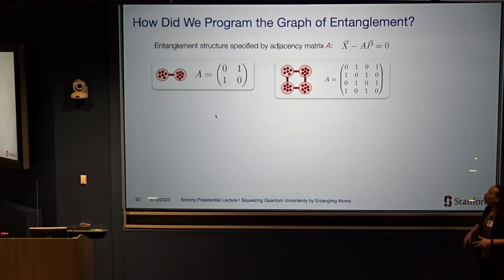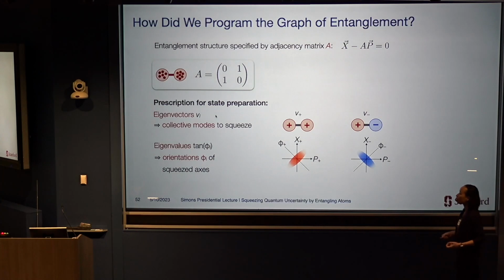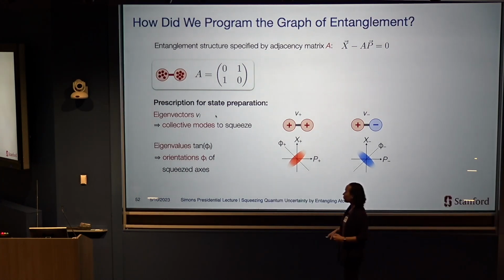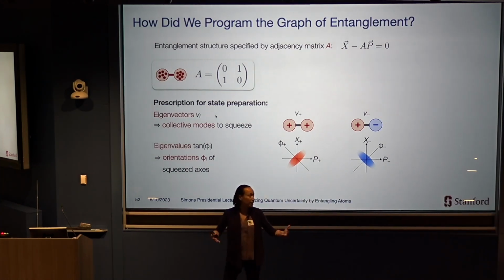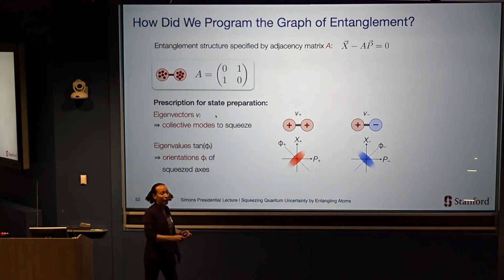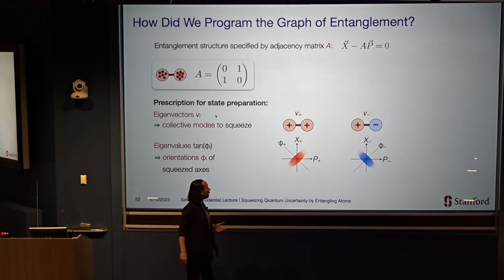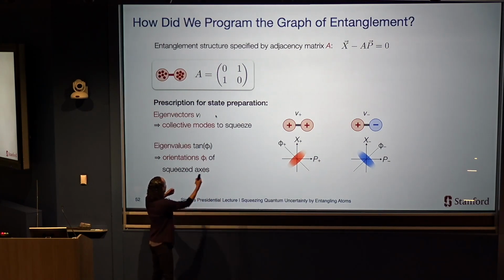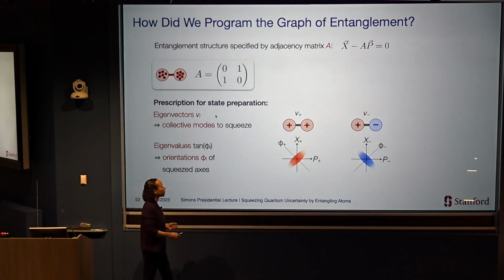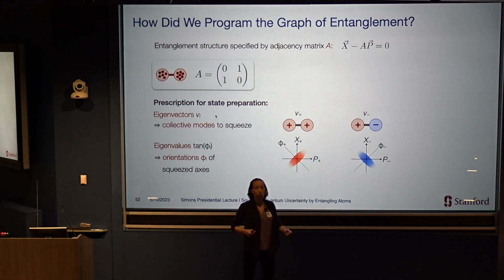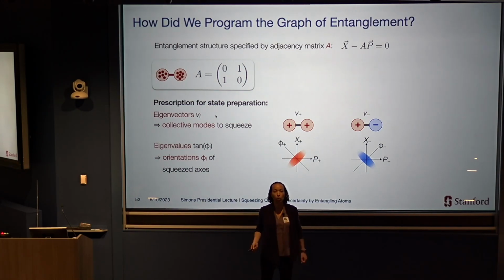So for those of you who like linear algebra, if I give you a graph, I can represent that as some matrix where I have a 1 in an element where there's a bond. And if I diagonalize that matrix, it will give me a prescription for exactly how I make the state specified by that graph. So I'll get some set of eigenvectors, which in this simple case where I have the left and right and I want them strongly entangled, are the symmetric and the anti-symmetric modes of the system.